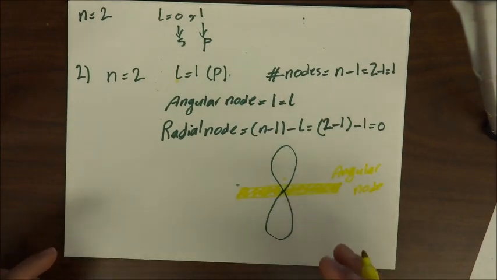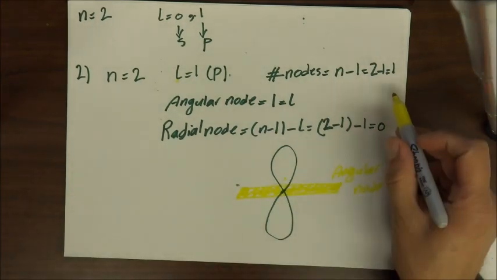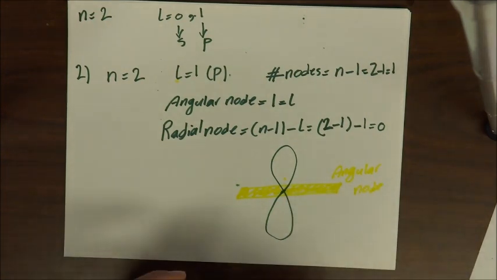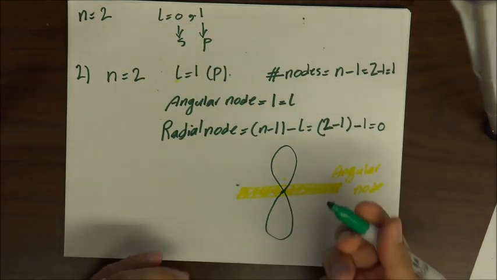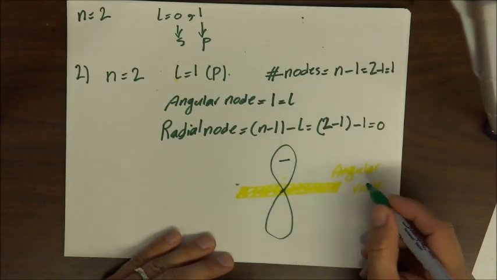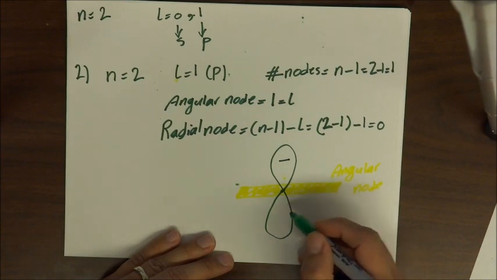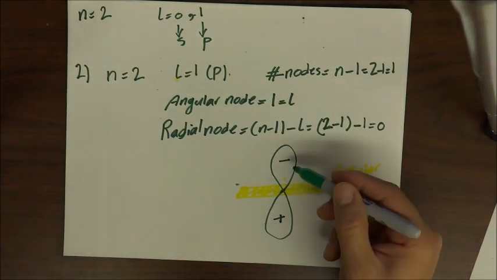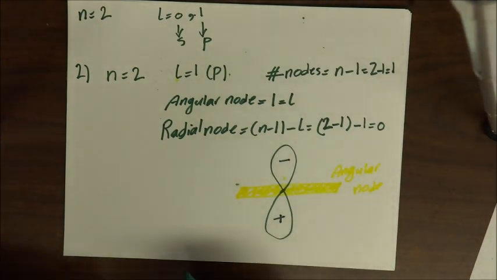In this case, because n is just 2, we have only one node, so the only node we have is going to be just the angular node. And you start with, again, one sign, say this one is negative. When you reach the angular node or any node, the sign will be opposite. So from negative we turn it to positive.